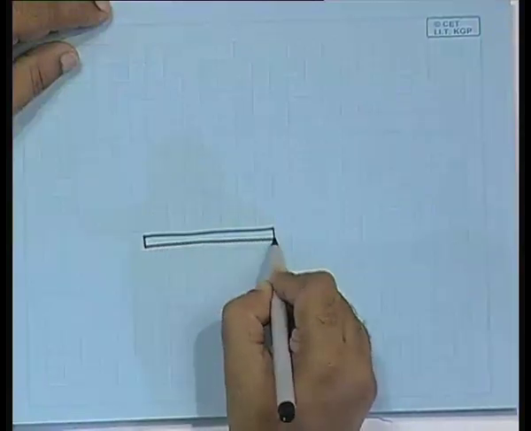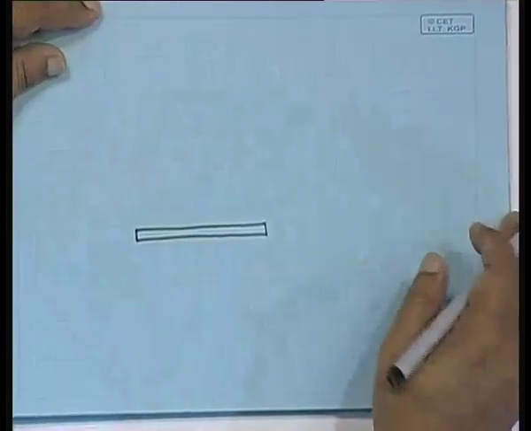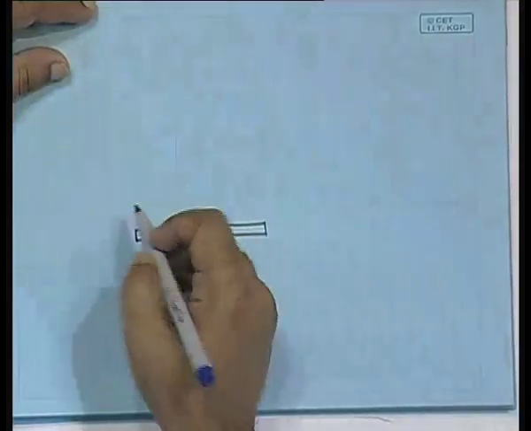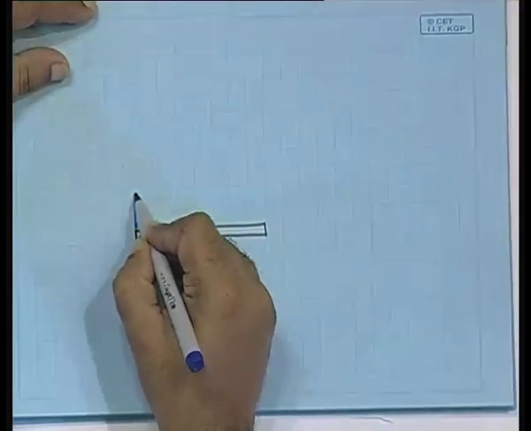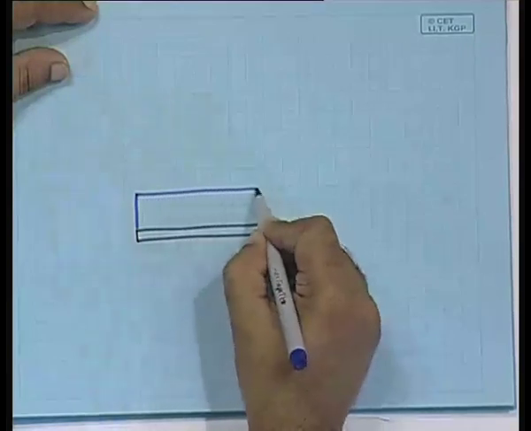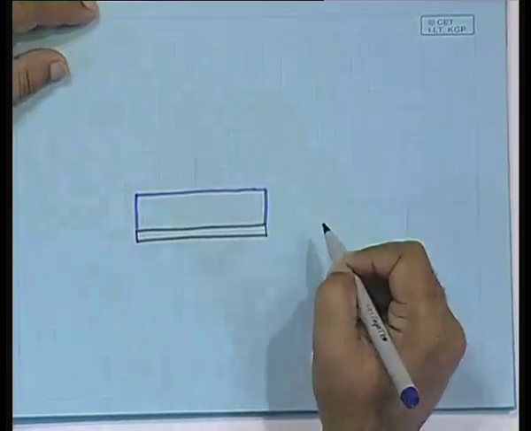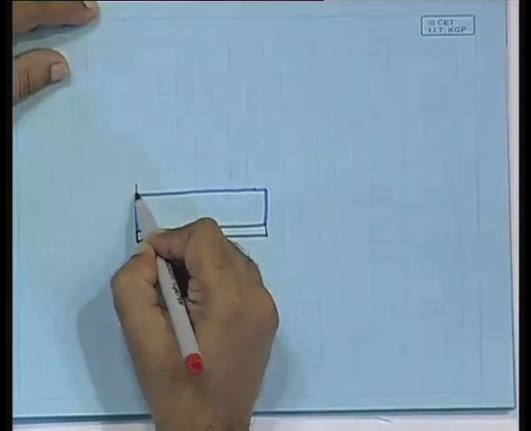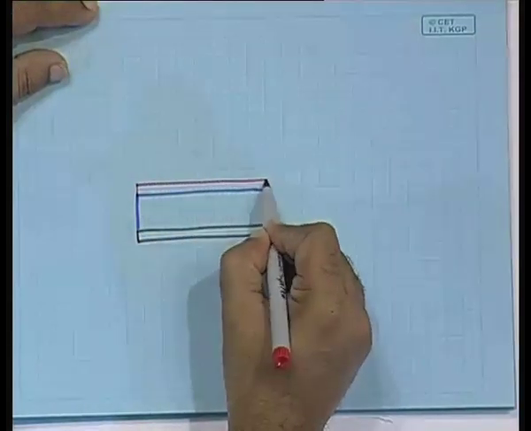First there is a metal substrate, then you have a reasonably large layer of P, then you have a smaller layer of N, and here is your p-n junction.